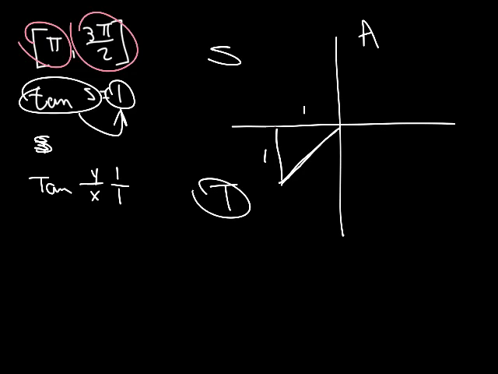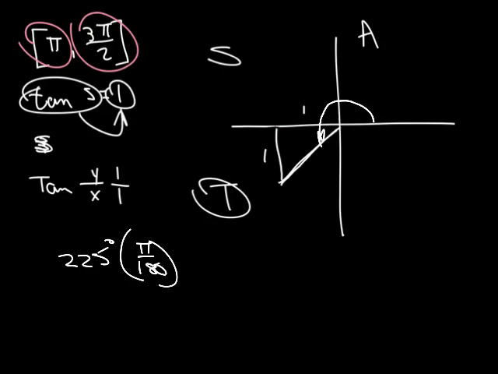So the exact value is going to be this one right here. So all I need to do is change this, which is 180 plus 45, so a 225-degree angle. I just need to change that into radians. So I'm going to multiply that by pi over 180, and that ends up being 5 pi over 4.